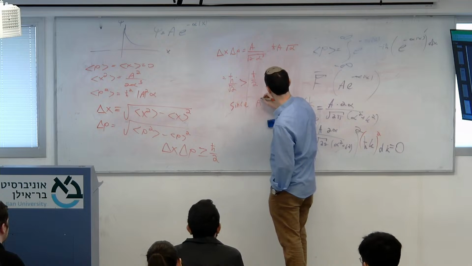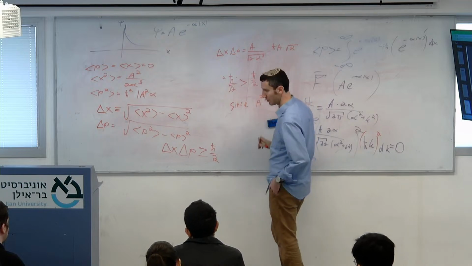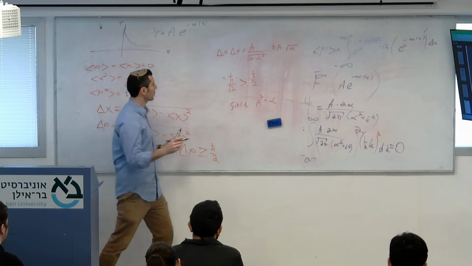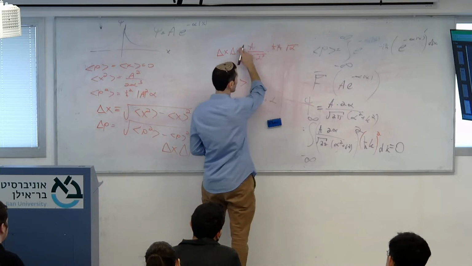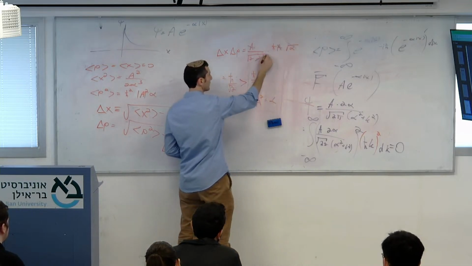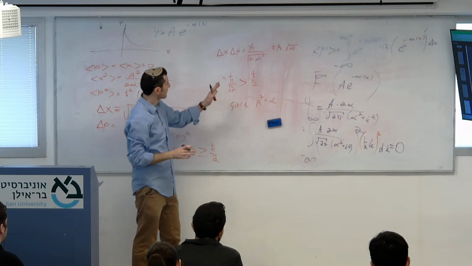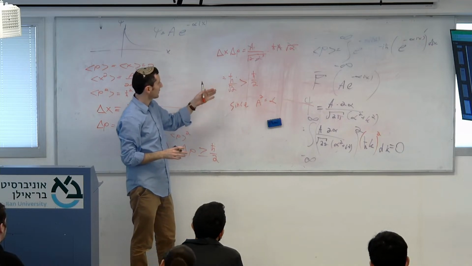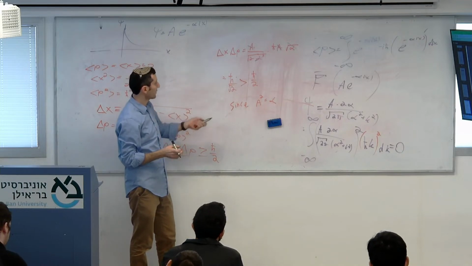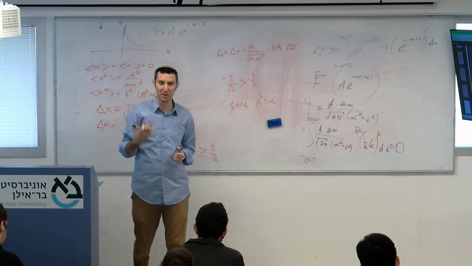Since a squared is alpha, all of these cancel. Am I right here? Yes, okay. So all I'm left with is this. So this is the uncertainty principle.